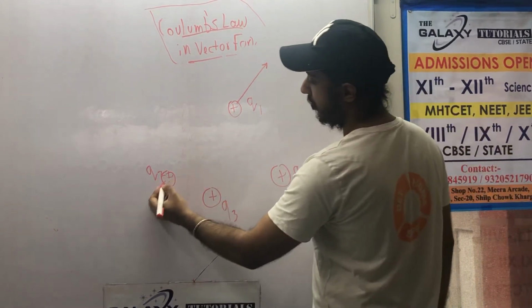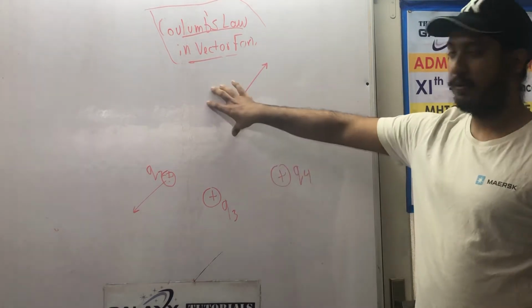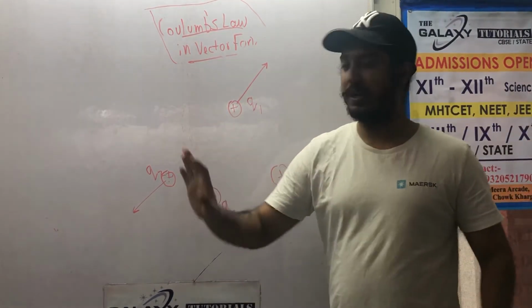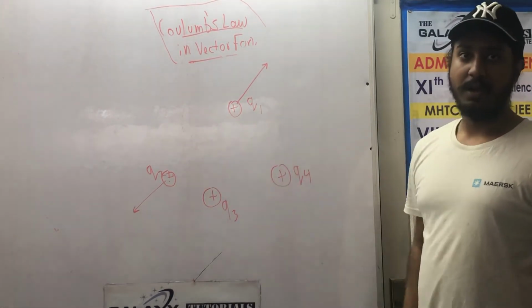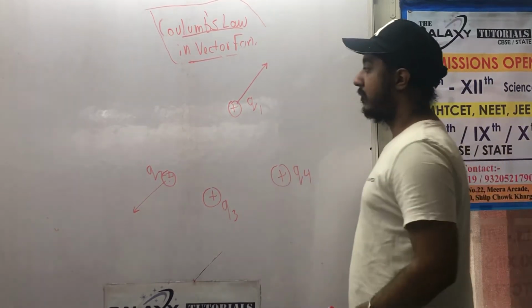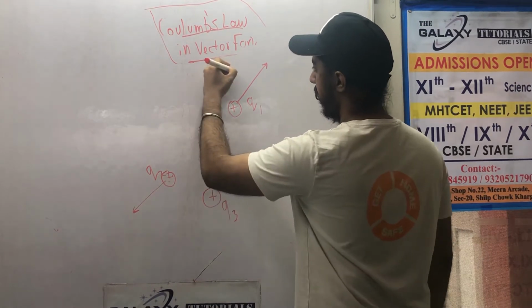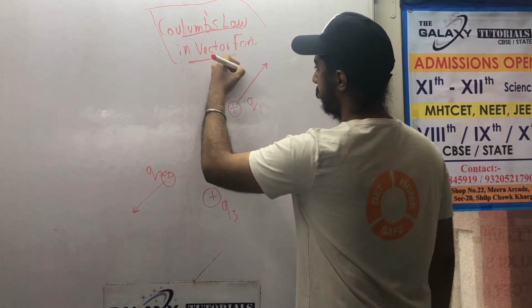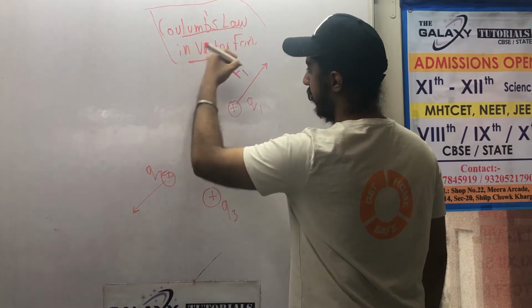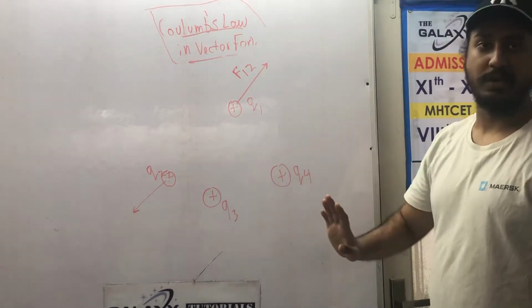But we are talking about the net force on this charge, so we will look at only this one. We are trying to find the resultant force on this charge. Now for the second charge, I will write this force as F12. What does F12 mean? Force acting on 1 due to charge Q2.